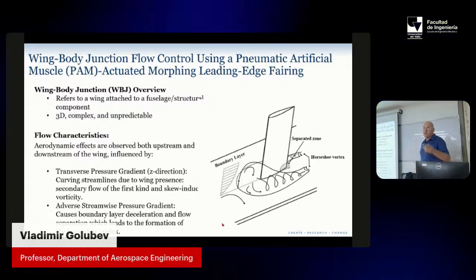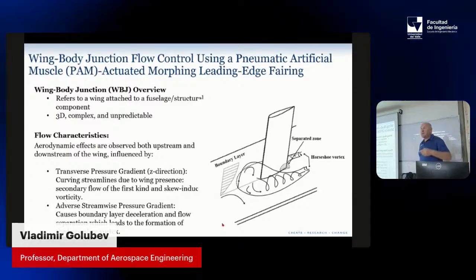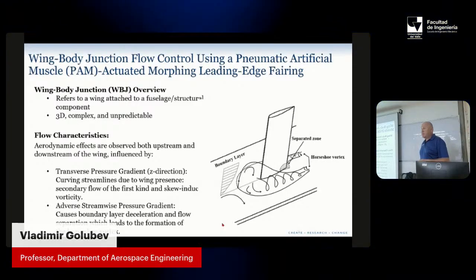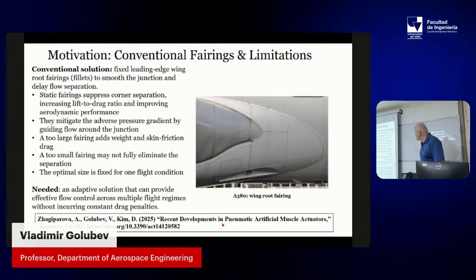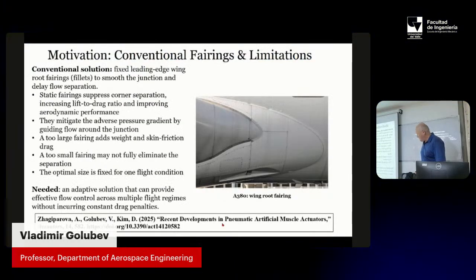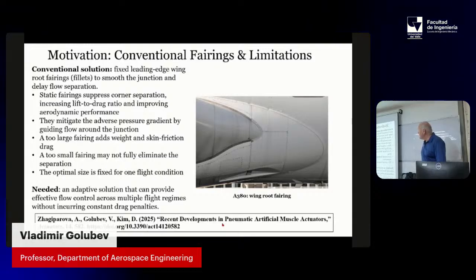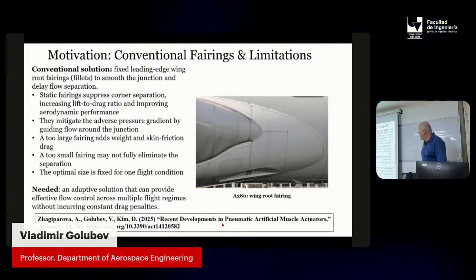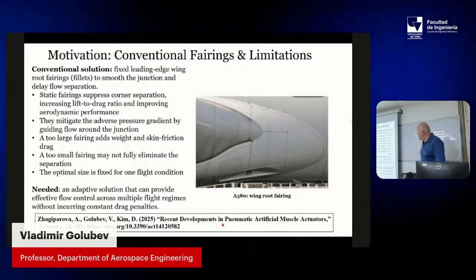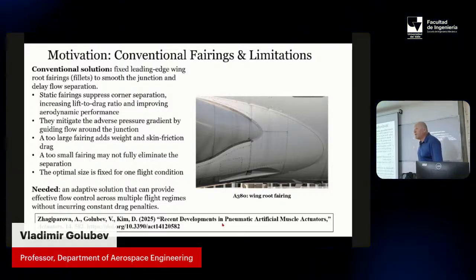There are ways to do that. If you look at Boeings or Airbuses, did you see those inserts? Here, this is the wing and this is the fuselage of an Airbus A380. They have what they call the wing root fairing.